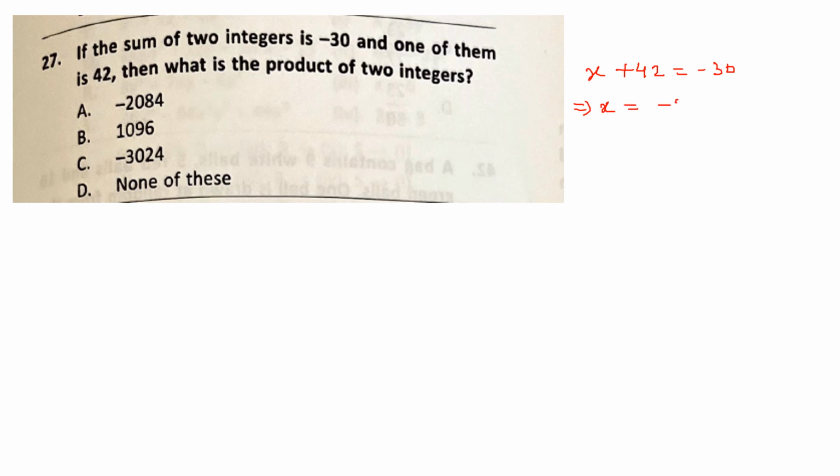So the other integer will be minus 30 minus 42, which will give me minus 72. So now one integer is 42, the other is minus 72. You have to find the product. Product means you have to multiply. So if you multiply, you will get your answer as minus 3024. So the option number C.